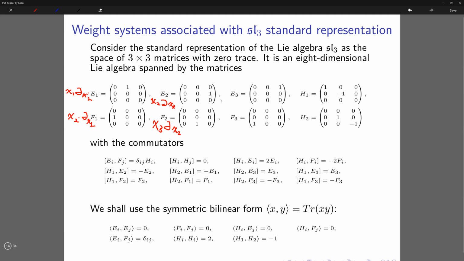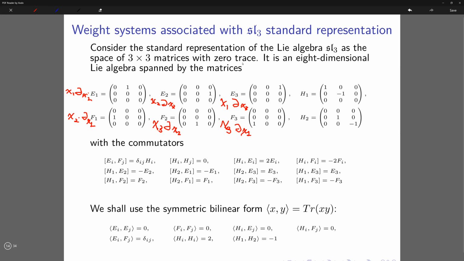And E3 is x1 partial x3, F3 is x3 partial x1. So that's the standard representation.